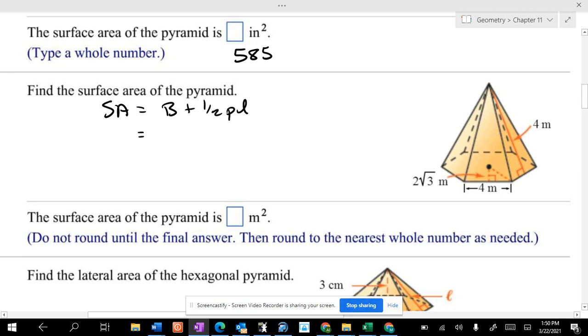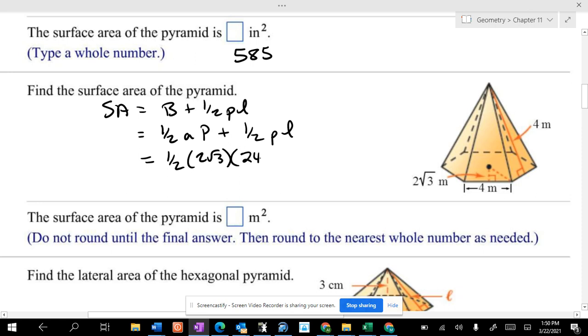The area of the base, the area of a hexagon, is 1/2 the apothem times the perimeter. Do we know the apothem? Well, yeah, it's really nice that they give it to us. What's the apothem? 2 square root of 3. What's the perimeter of the base? 4 plus 4 plus 4 plus 4 plus 4 plus 4.